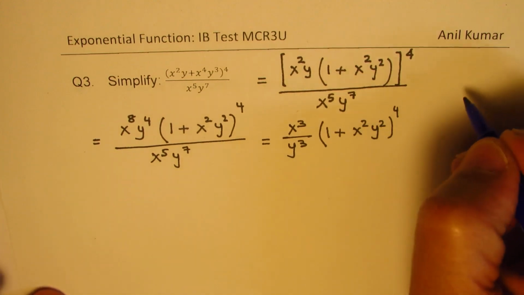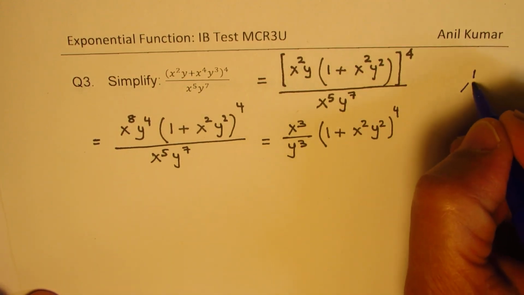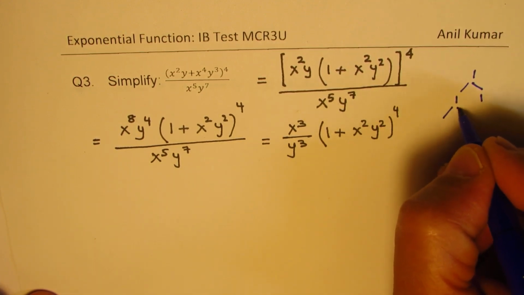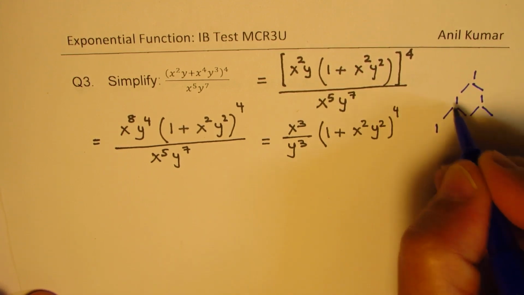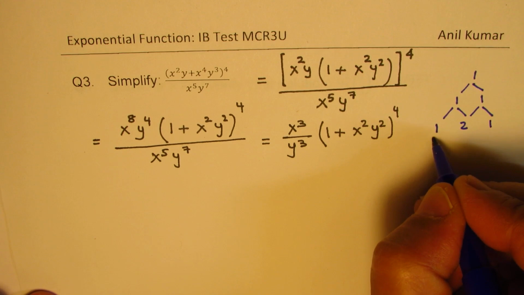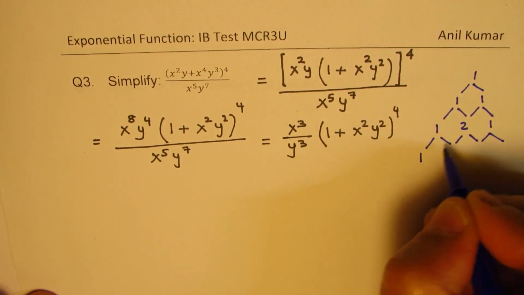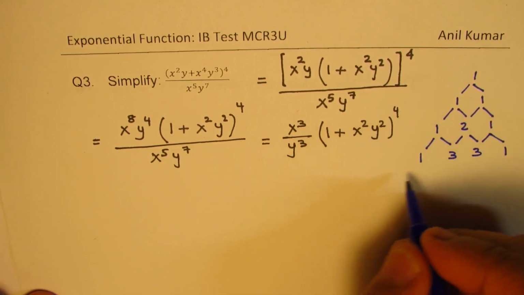So if I'm using Pascal's triangle, let me just remind you of what Pascal's triangle was. To expand such binomial expressions, remember this Pascal's triangle? So, just add them and write the next term. So we get these as the coefficients when you expand. So 1, 2, 3, 3 and 1. And this is to the power of 4.